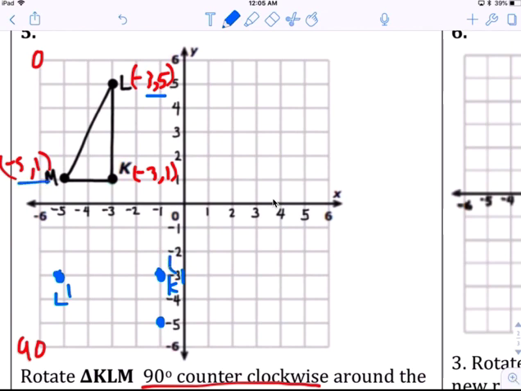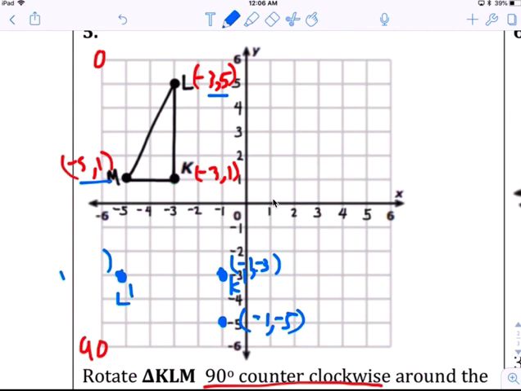Okay, so they want the numbers here, negative 1, negative 3, negative 1, negative 5, and this one is negative 3, negative 5, negative 3.